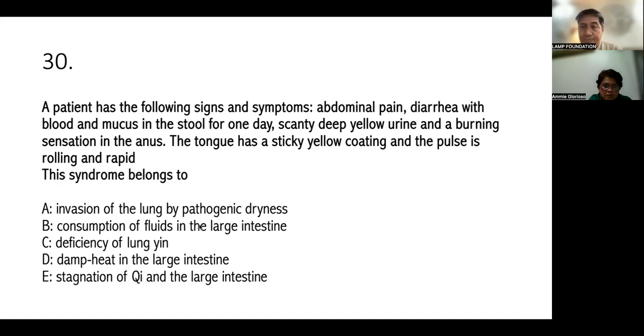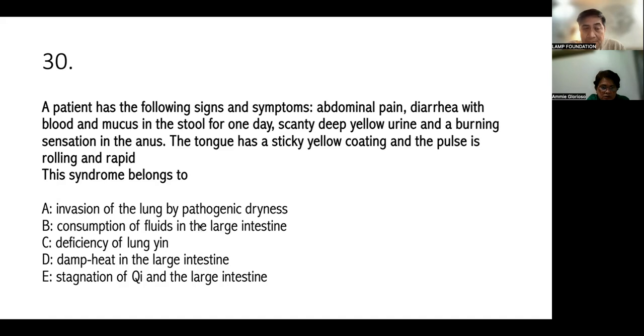What else? The sticky is what? Is it the damp or the heat? The damp. What about the yellow coating? Heat. Okay. What about the pulse?